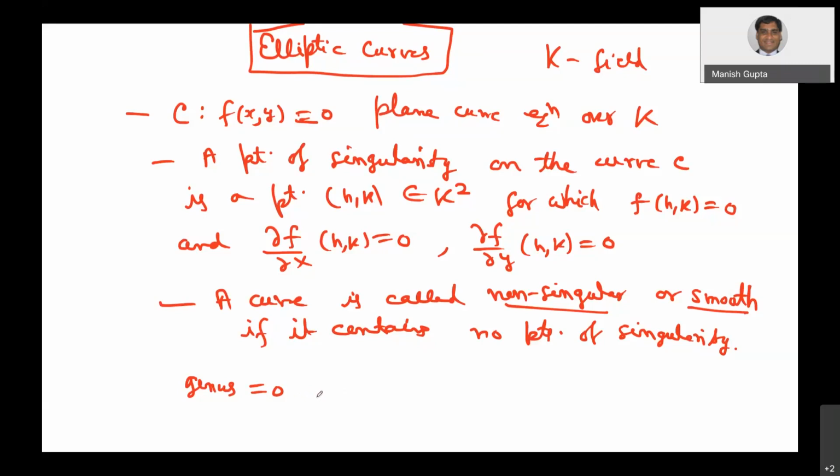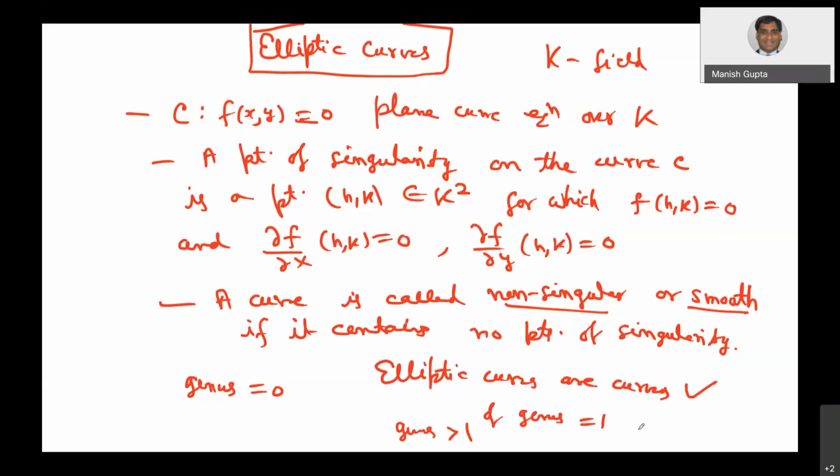Elliptic curves are curves of genus equal to 1, and hyperelliptic curves are those having genus more than 1. Okay, so these are very loose definitions of elliptic curves.